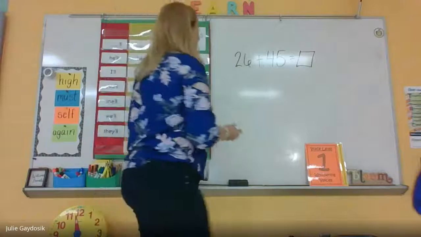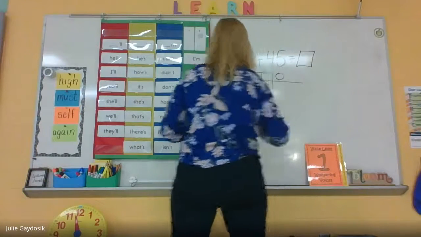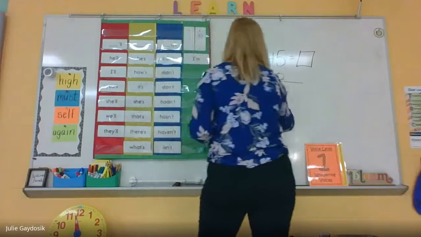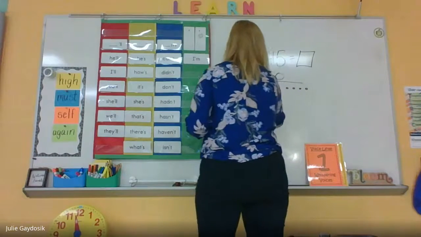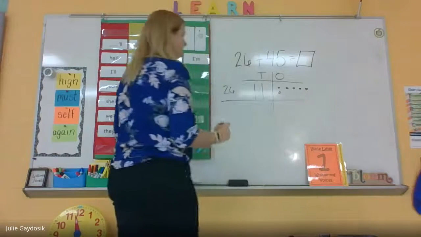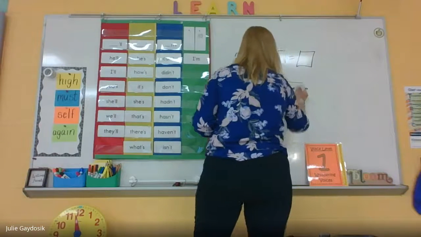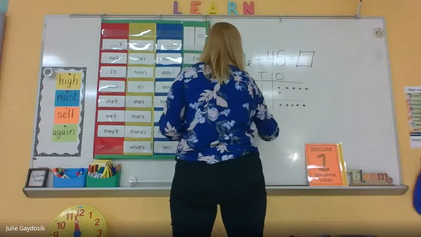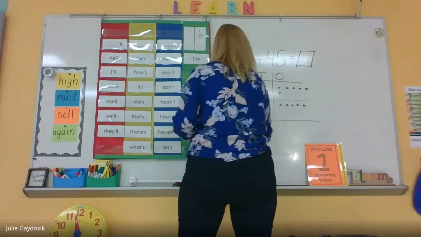Okay. So if I solve this using tens and ones, I have 6 ones and 2 tens in the number 26. I have 5 ones and 4 tens in the number 45.